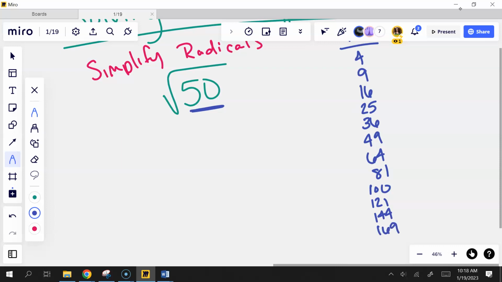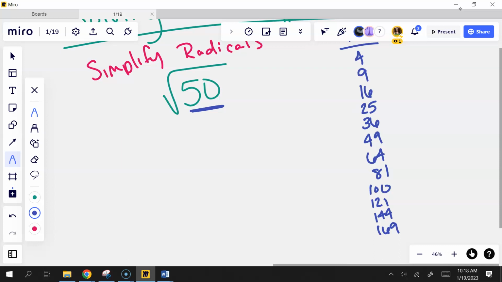Be able to recognize at least through there. Those are my list of perfect squares, right? Because 2 times 2 is 4, 3 times 3 is 9, 4 times 4 is 16, and so on. So I'm looking from that list for the biggest one that will go evenly into 50.